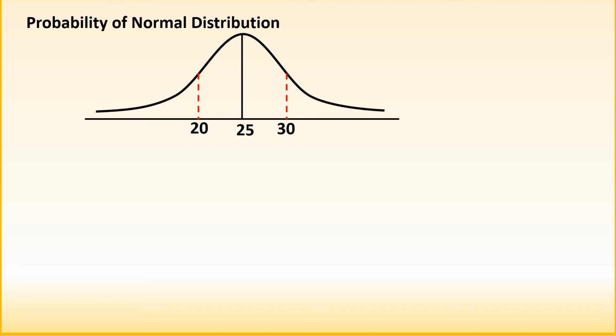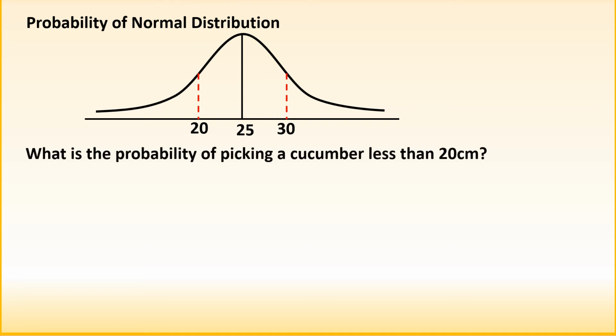Then, kapag kinuha mo ang standard deviation from 25 to 30, we have 5 as the standard deviation. Then, from 25 to 20, we have also 5 as the standard deviation. So, pareho sila ng standard deviation. And the question is, what is the probability of picking a cucumber less than 20 centimeters?